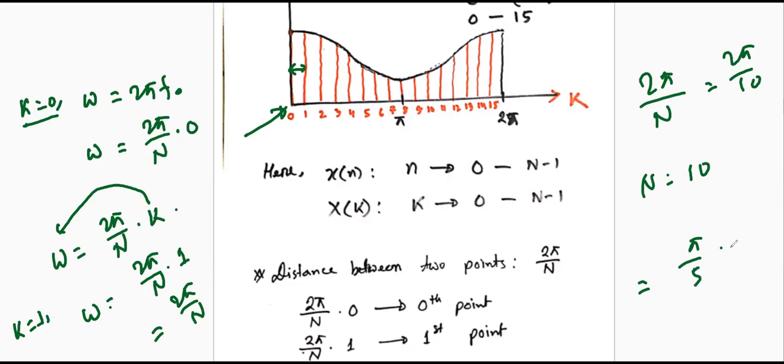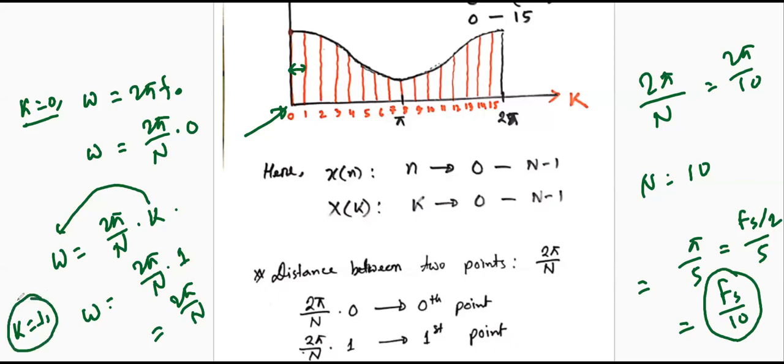We have already mentioned that this pi is fs divided by 2, so divided by 5. So we can find fs divided by 10 is the actual frequency at the location of k equals 1. That is how you can find each and every frequency component of all the points for k equals 0, 1, 2, 3, 4, and so on.